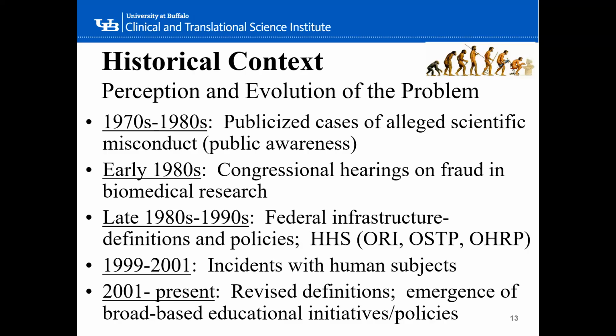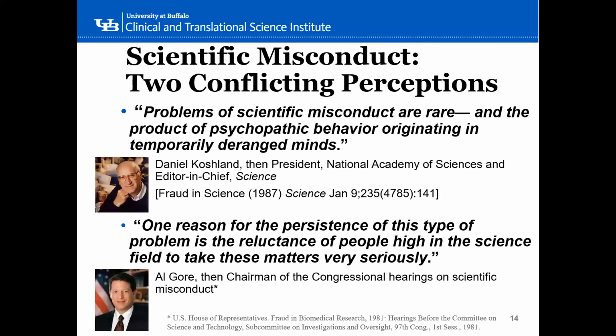And then as we turned the century to the 21st century, there were highly publicized incidents with human subjects that resulted in deaths of patients. And then over the next couple of decades, definitions were revised. There's been an emergence of broad-based educational initiatives, such as what we are engaging in tonight.